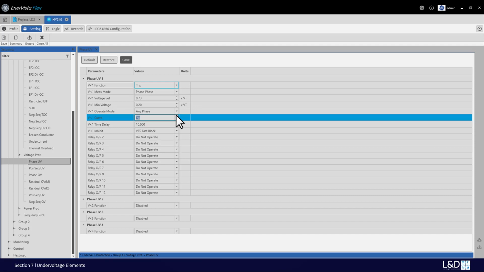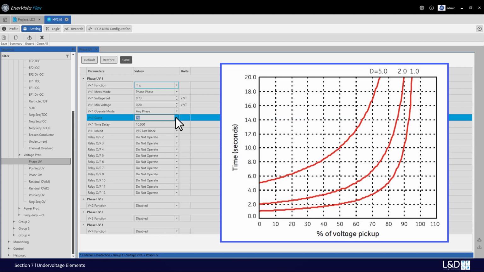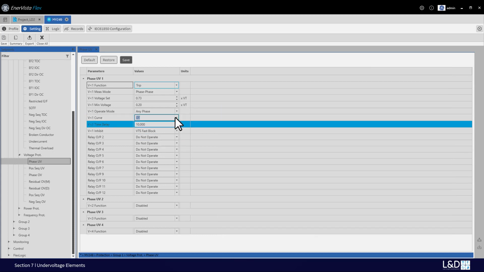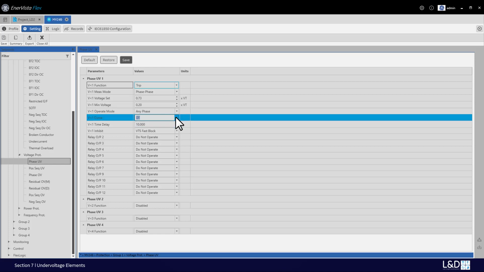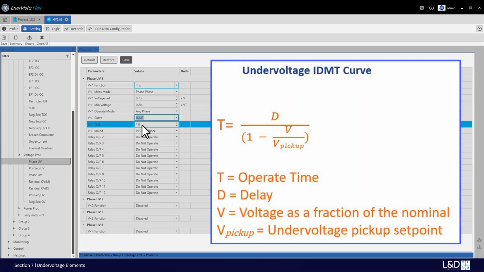And if you change the DT into the IDMT, then this time delay changes into the TMS. This is the multiplier. The curve can be calculated by using the undervoltage IDMT equation.